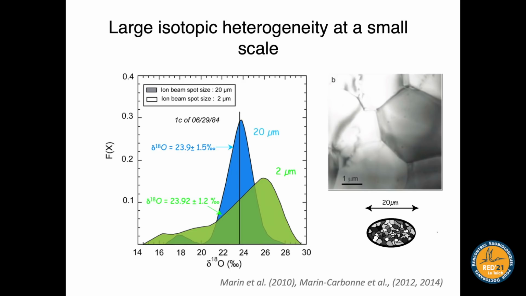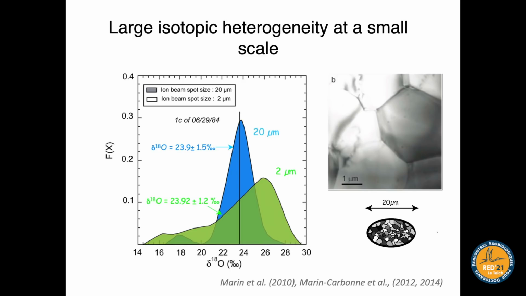And that depends on the microquartz, which is composed of very tiny quartz grains. You will have a range of almost 12 per mil when you measure with a 2 micron spot size, and only 6 per mil when you measure with a 20 micron spot size.